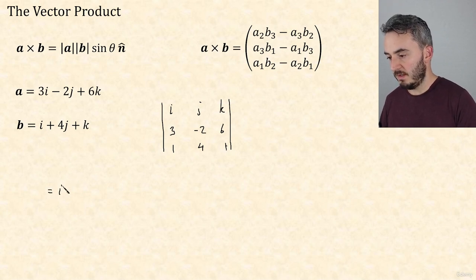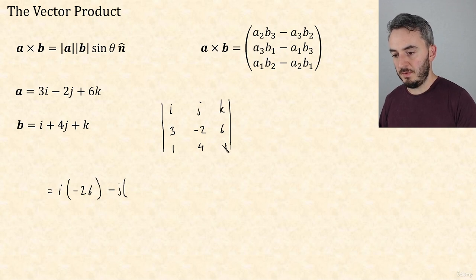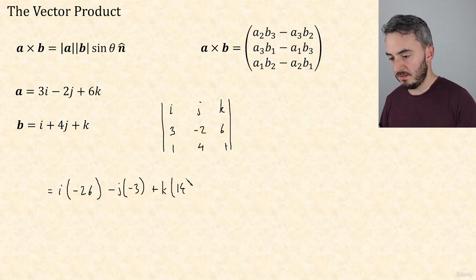Well, it's I times minus 2 minus 24, so that's minus 26, minus J times 3 minus 6, that's minus 3, plus K times 12 minus minus 2, so that's 14.